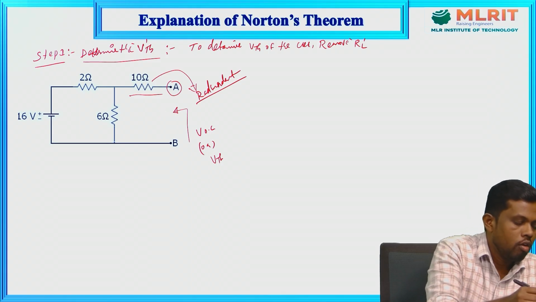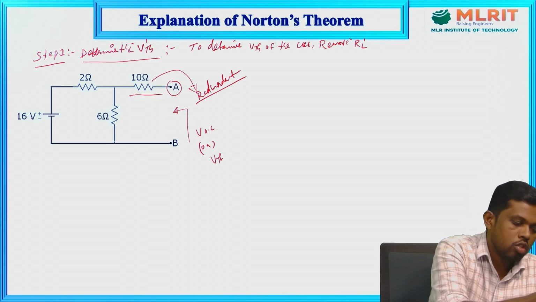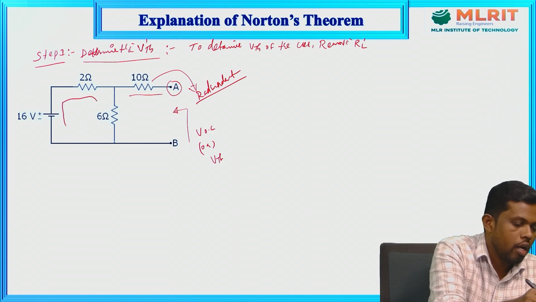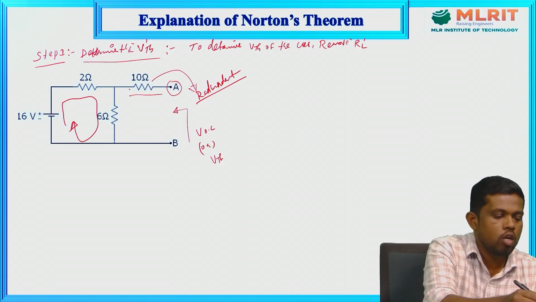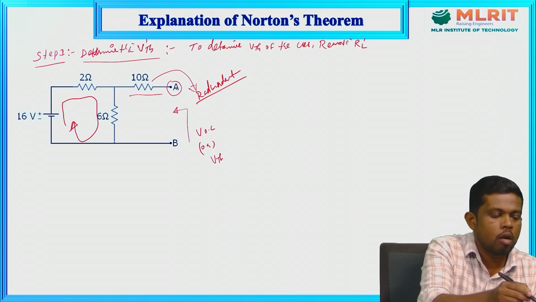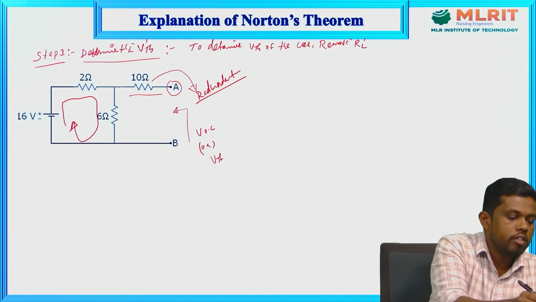Then whatever current is given by the 16 volt battery or voltage source circulates only through this path, because there is no element present beyond the terminal A and terminal B. It acts like a dummy.